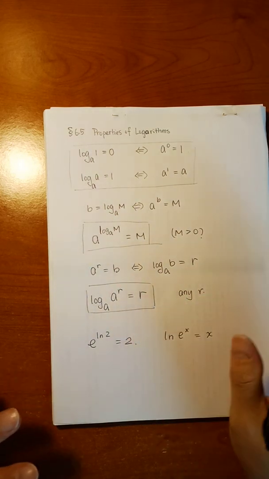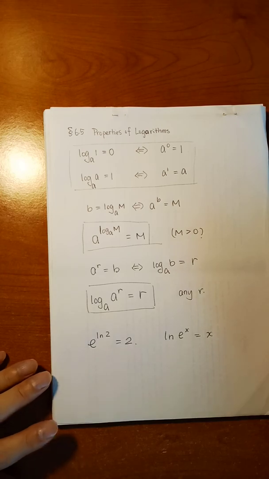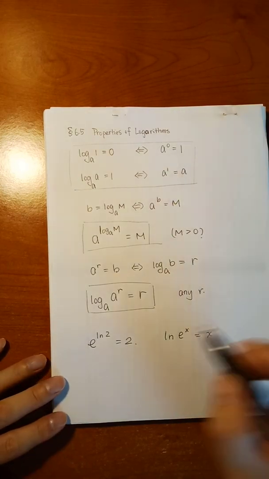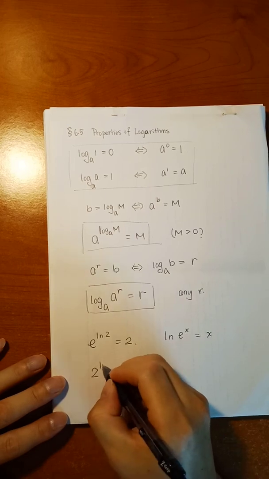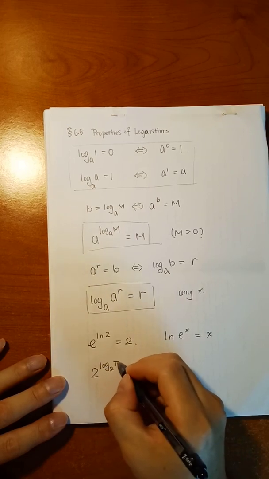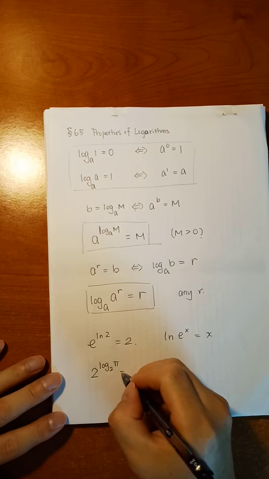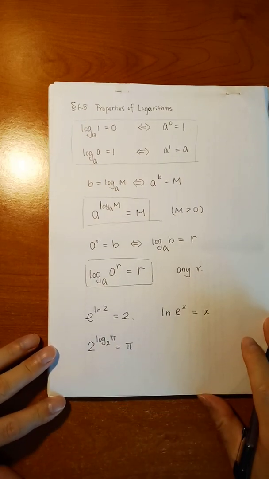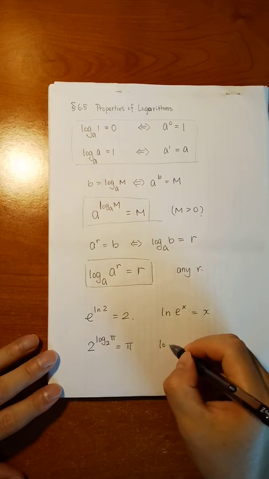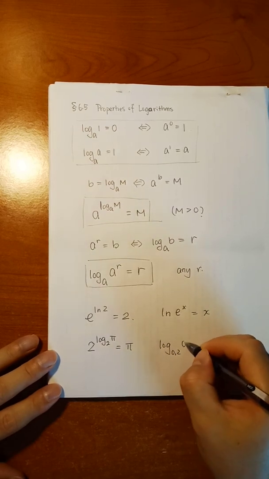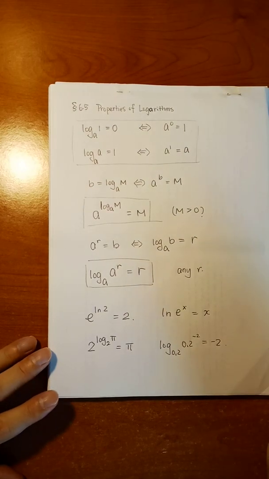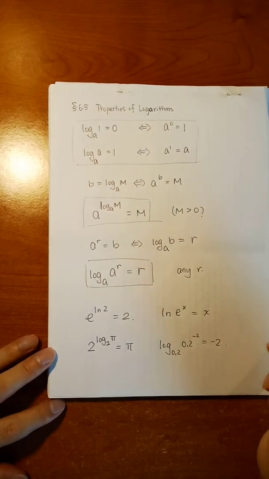If they have different bases, then you cannot do anything. And for example, let's do more. 2 to log 2 of pi, well, it's just pi, because they have the same base. And log 0.2 of 0.2 to negative 2, it's just negative 2.